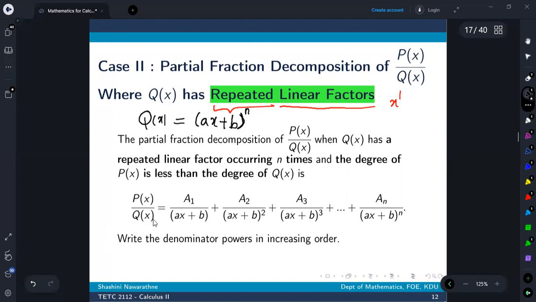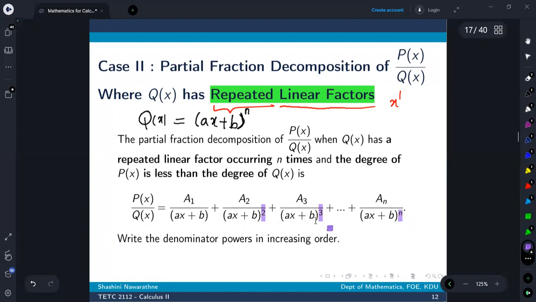So we can write the expression as capital A1 over ax plus b, plus A2 over (ax plus b) to the power 2, and A3 over (ax plus b) to the power 3, and A4 over (ax plus b) to the power 4, and so on.